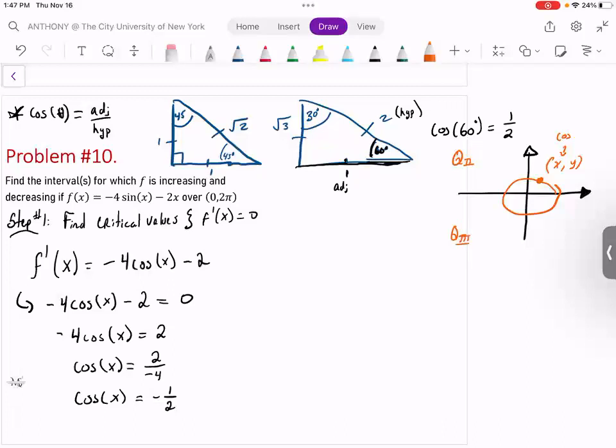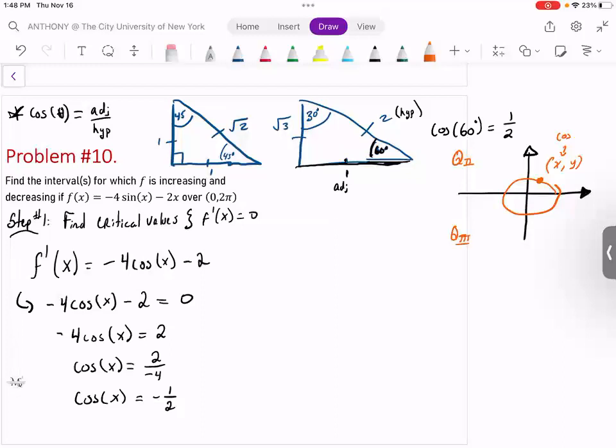So if I draw some sort of angle in those quadrants, those angles should have a reference angle of 60 degrees. For example, in quadrant 1, you have your 60-degree angle. In quadrant 2, well, what's 60 plus 60? That's 120.